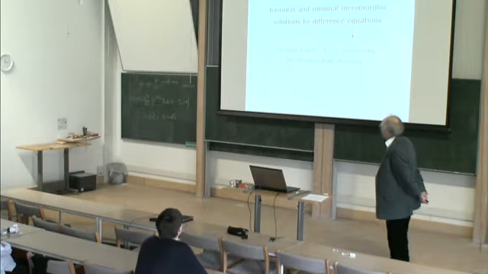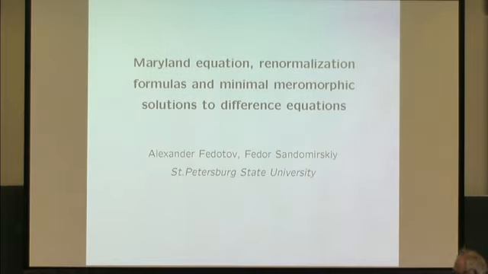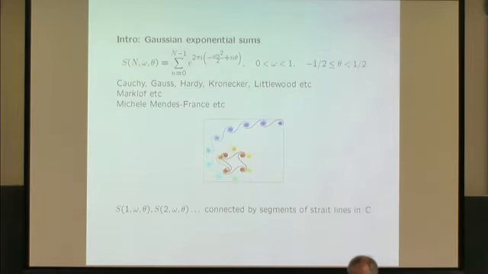This work was done in collaboration with Fedor Sandomirsky, one of my students from St. Petersburg State University. Actually, the Maryland equation was written already by Svetlana Zhitomirskaya, so I begin my introduction by describing another object closely related to it.